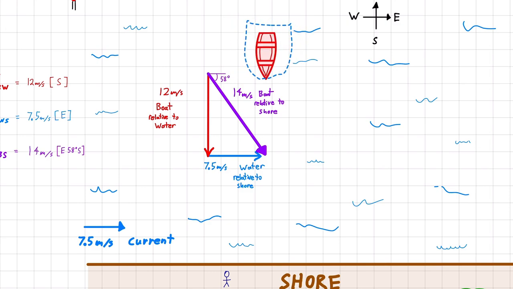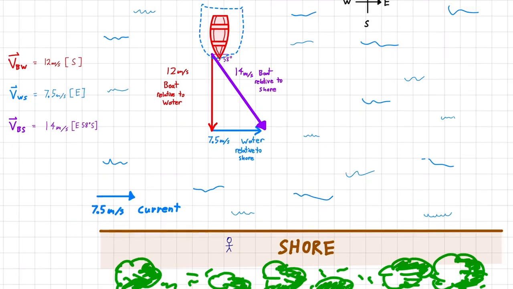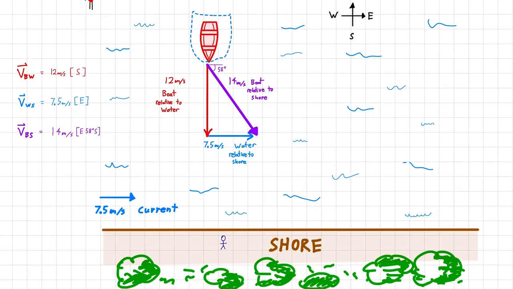So our guy on the beach, even though we in the boat feel like we're sitting still, he's watching us get carried by the water 7.5 meters per second. But when we go 12 meters per second south, that's not the only direction we're going. The water's still acting. So we're going south while the water's pulling us east, and doing that all together in one motion makes us go on this diagonal here.